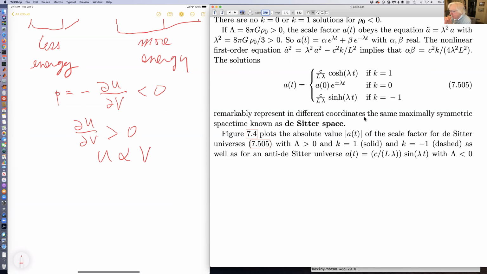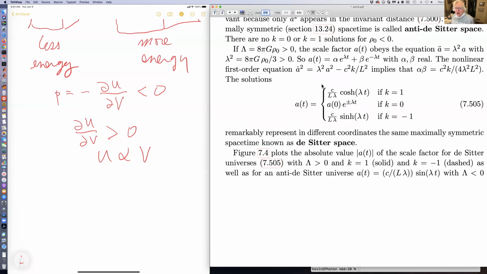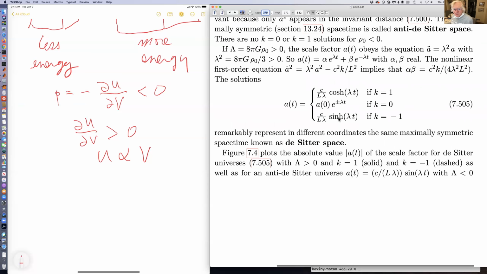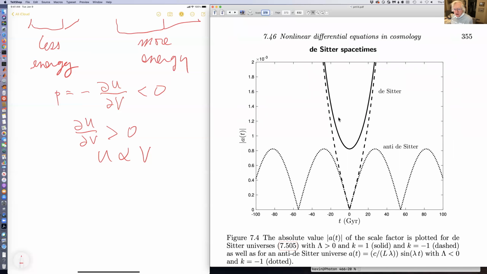So you interpret r, theta, phi, and possibly t as well differently. But in any event, what you've got is A of t looks like this.